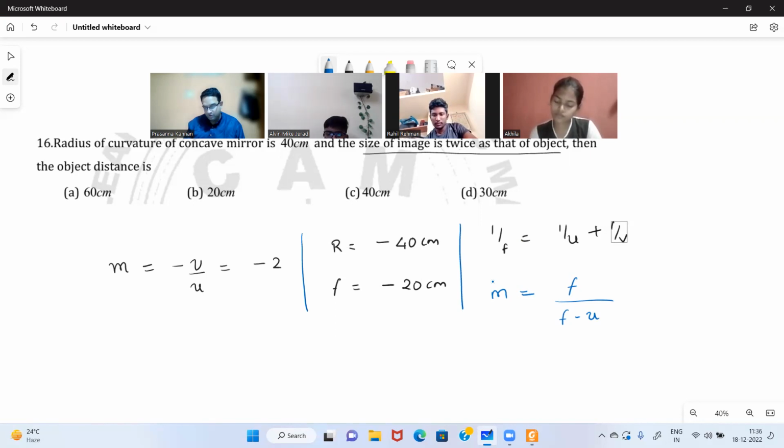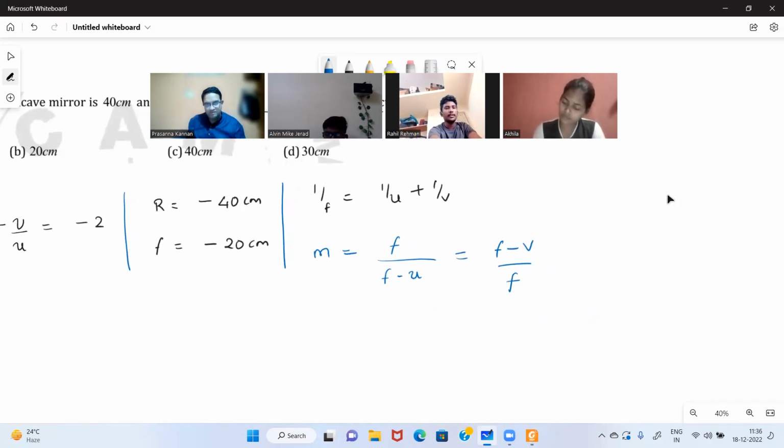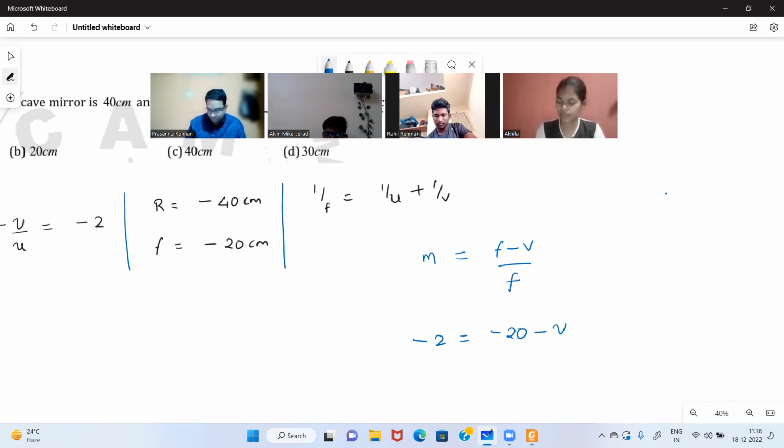Or if you want to find v, then you can use minus v by f. Yes, so we'll use that formula, because we want to find v directly. So magnification is minus 2, which is equal to, what is f? Minus 20. Exactly.